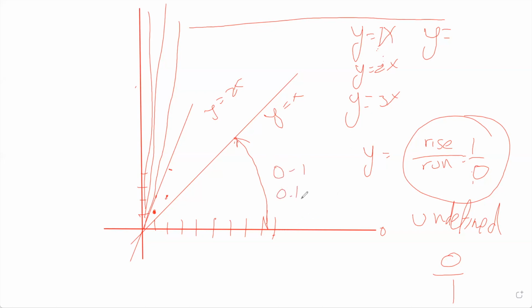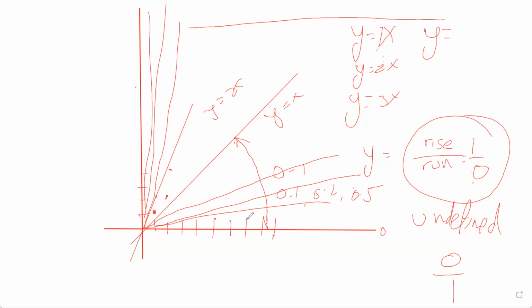It can be 0.1, 0.2, 0.5, 0.7, any number you want that is not 0, but not 1. Because 1 means it's exactly 45 degrees, 2 means steeper, 3 means steeper, and less than 1 is 0.5, so 0.5 will be like this, 0.3 will be like this, 0.1 will be like this. So it will be between this and this.